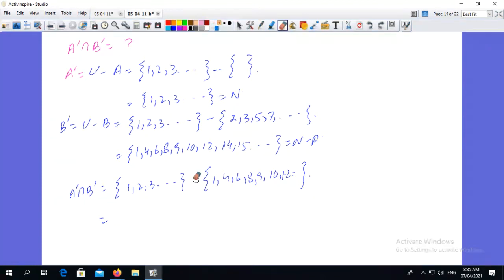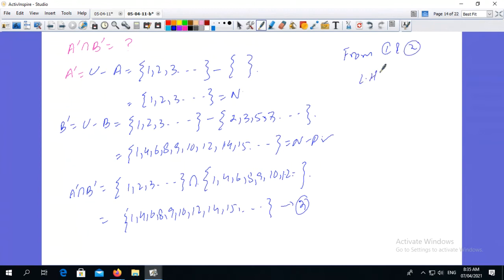When we take the intersection, we get N minus P, or these numbers 1, 4, 6, 8, 9, 10, 12, 14, 15 and so on. This is equation number 2. From 1 and 2, we have left hand side equals right hand side. That is, (A union B) whole complement is equal to A complement intersection B complement.